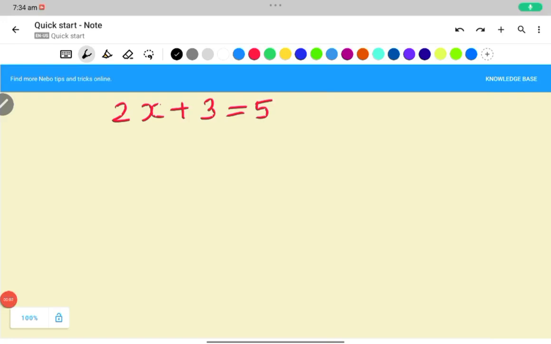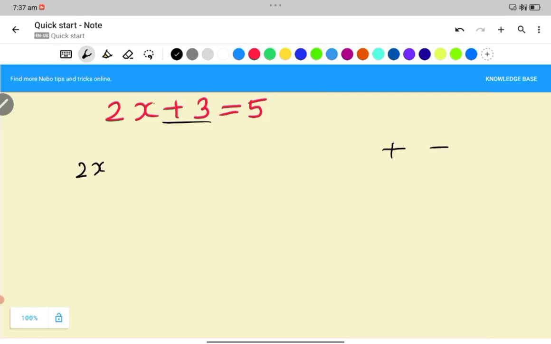2x plus 3 is equal to 5 is a linear equation in one variable. We have to find the solution of this equation by using the balancing method. For this we have to keep the variable term on one side of the equation. Here the variable is x and we have to eliminate this plus 3. To eliminate this constant, we have to do the opposite operation. Here the operation was addition. The opposite of addition is subtraction.